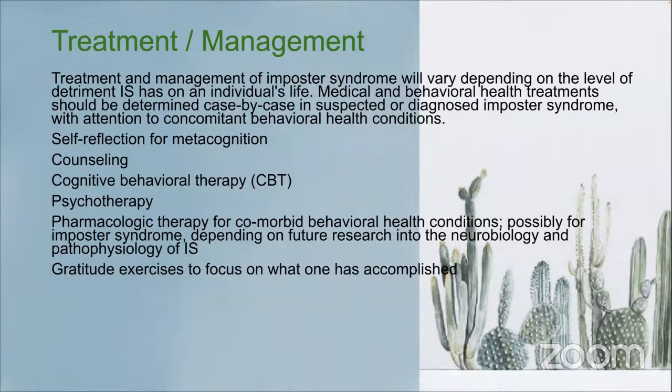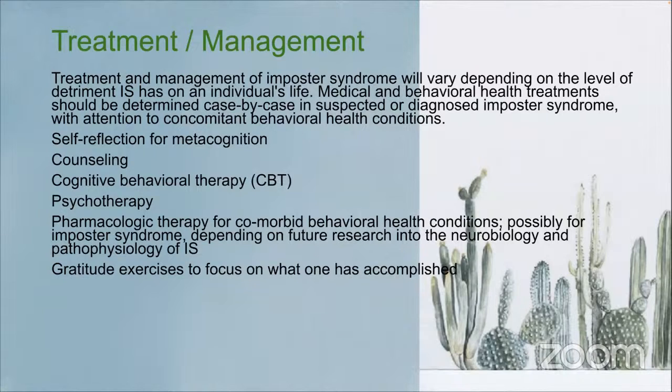But in general, potential strategies could include the following. First of all, self-reflection to enhance metacognition, as the more you are aware of your own thought processes, the more you would possibly have control over them.